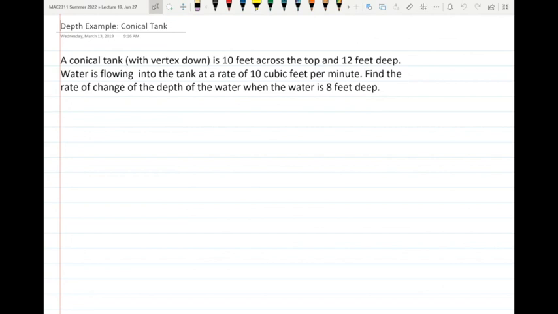It's 10 feet across the top and 12 feet deep. So those are the dimensions of the tank. Okay. Water is flowing into the tank at a rate of 10 cubic feet per minute. Find the rate of change of the depth of the water when the water is 8 feet deep. In other words, when the water is 8 feet deep, how fast is the water level rising at that point? Okay, that's what we want to do.